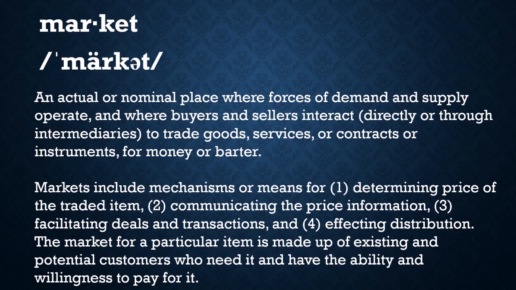Markets include mechanisms or means for one, determining the price of the traded items, second, communicating the price information, third, facilitating deals and transactions, and fourth, affecting distribution. The market for a particular item is made up of existing and potential customers who need it and have the ability and willingness to pay for it.